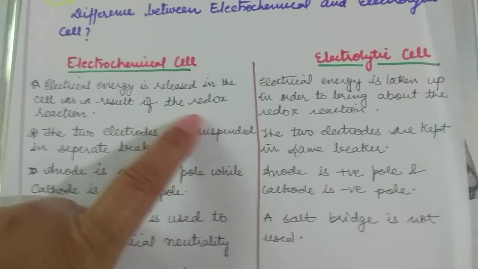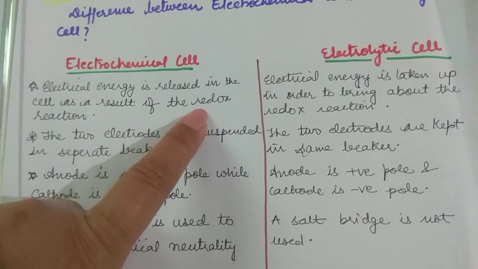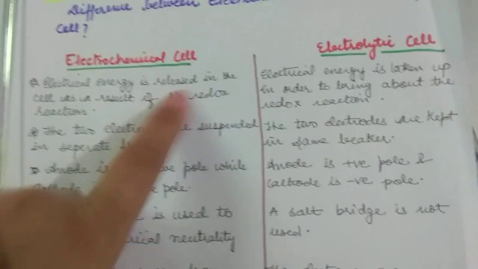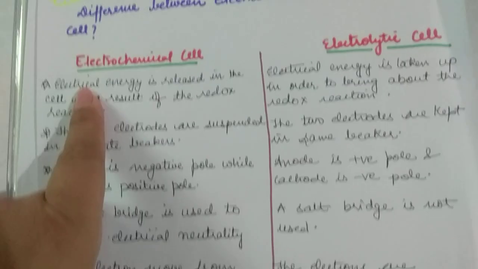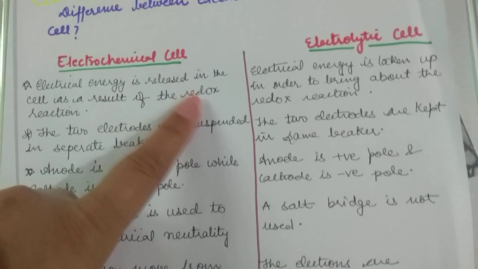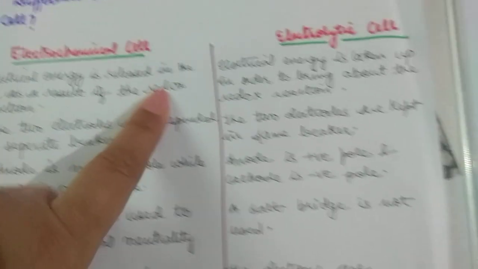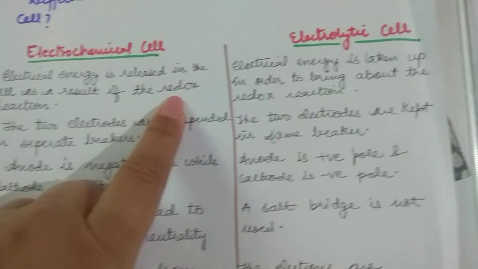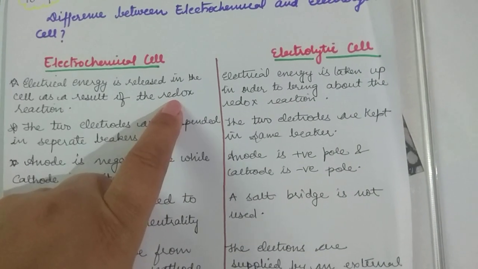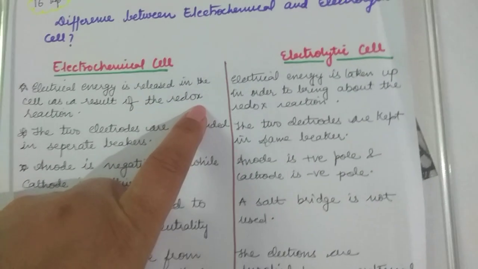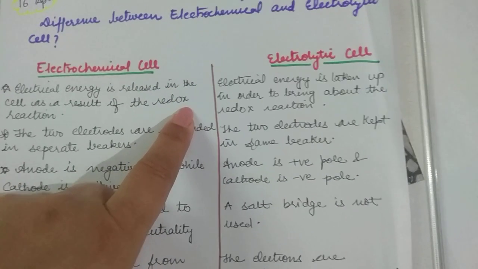It means some reaction will take place, and during that reaction electrical energy is released. That kind of cell is known as electrochemical cell. And what type of reaction takes place? Redox reaction. Redox means reduction as well as oxidation reaction.